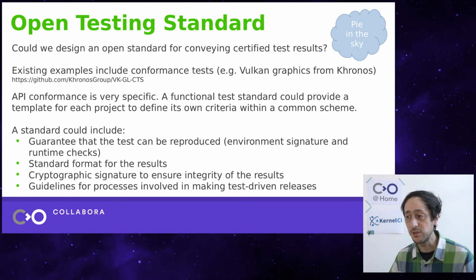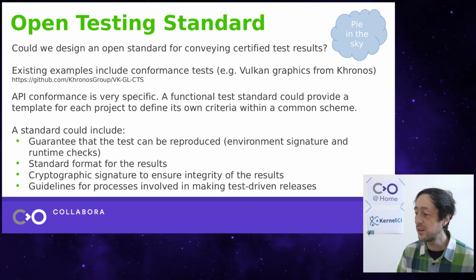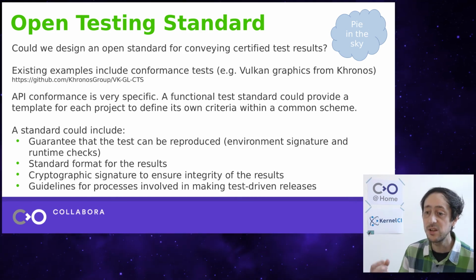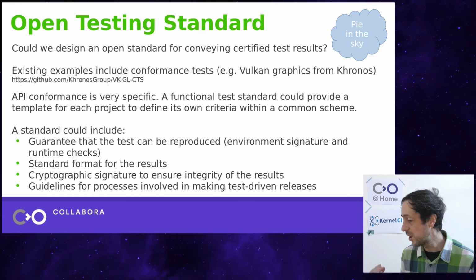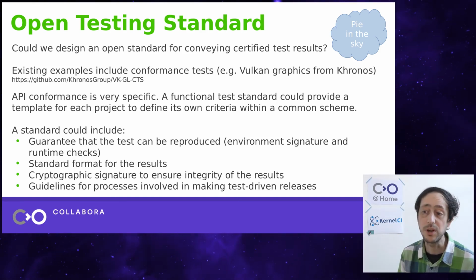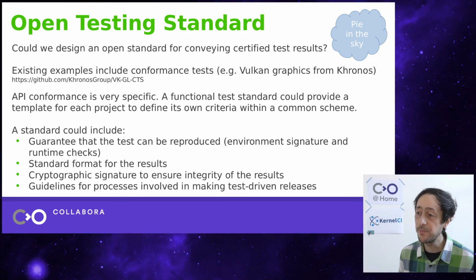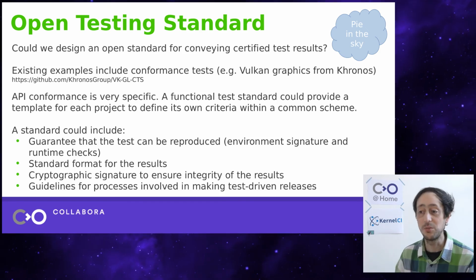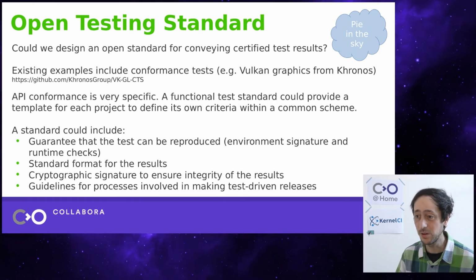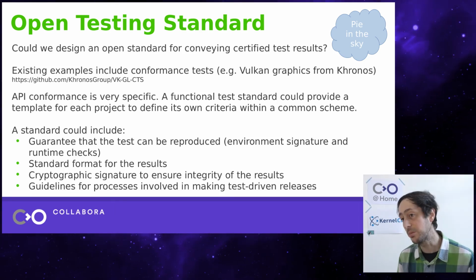So if a driver says, I'm implementing Vulkan or OpenGL, they can run the conformance test and have the results certified by the group to prove that they are compatible with the API. So then, if you have applications that use the API, in principle, you know that the application will work with your driver because your driver is certified to be compliant with the API. So this is very specific to APIs.